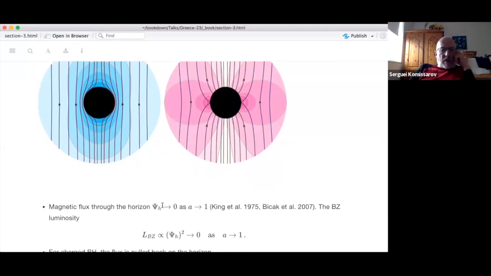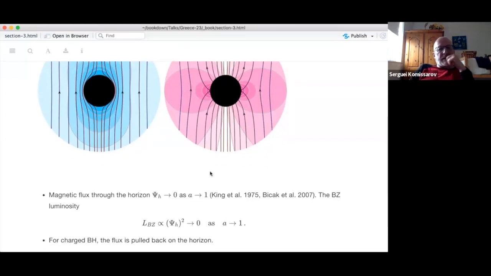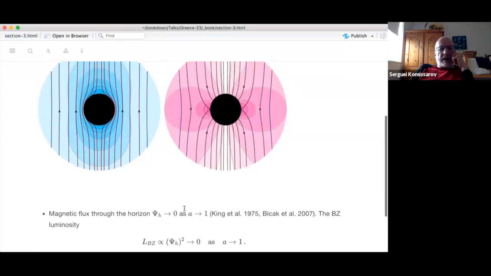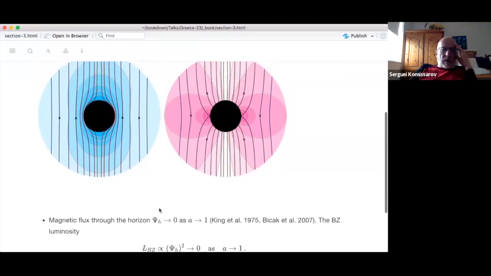And in fact, it was noticed quite some time ago by a number of authors, in particular by Andrew King and his collaborators. And they noted that as the spin parameter gets closer to unity, so the black hole gets closer to the maximally rotating black hole, the magnetic flux through the event horizon goes to 0. So it becomes completely expelled from the black hole.